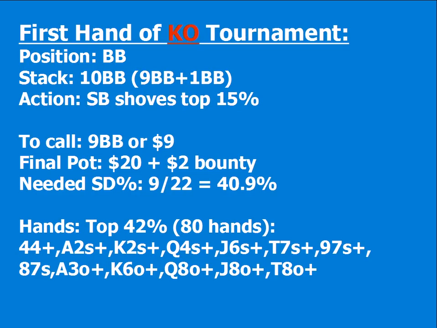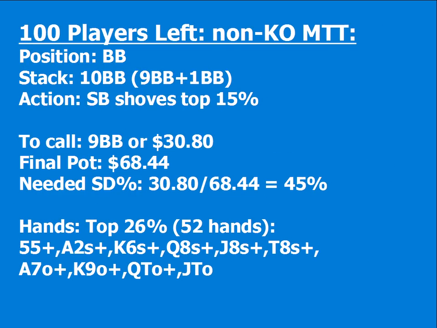So if you do it out, then it actually ends up that each blind is worth $3.422. So if you just multiply that out by 9 big blinds, then that ends up being $30.80 is what our stack is worth, all right?